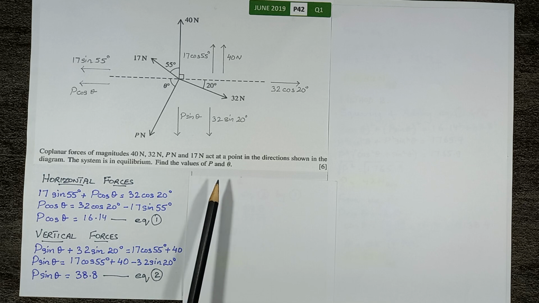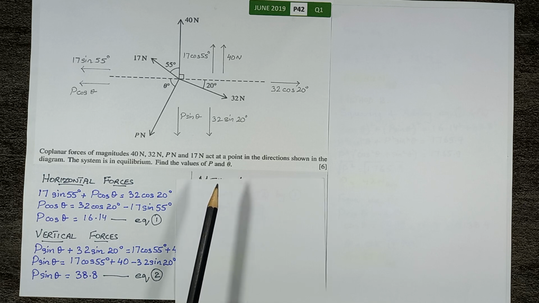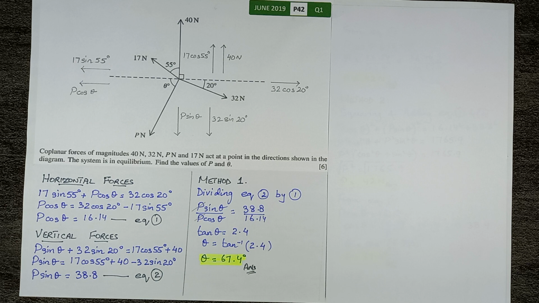Our target is to find the value of P and theta. So we have two different methods by which we could easily find the answer. The first method is dividing equation 2 by 1, that means dividing P sin theta by P cos theta. That means 38.8 divided by 16.14, and cancelling P, sin upon cos is tan. 38.8 divided by 16.14 is 2.14, taking the tan inverse of 2.14, and we have the angle theta as 67.4, which was asked in the question.